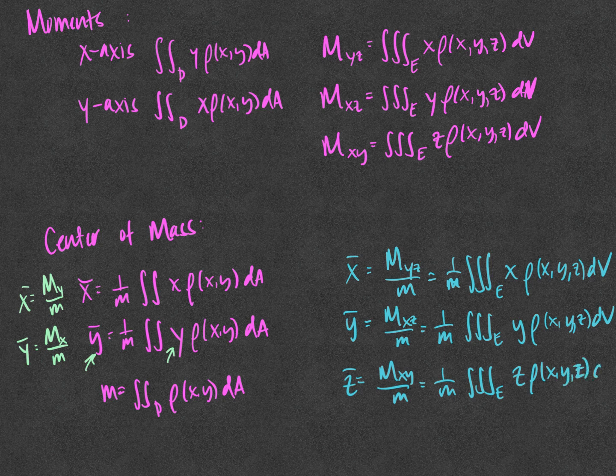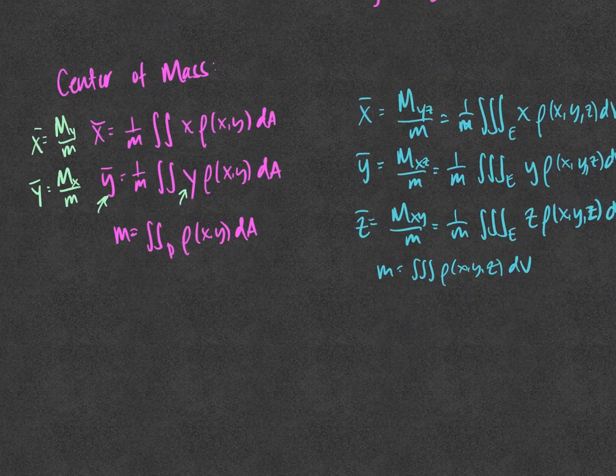And remember that m is equal to the triple integral of rho of xyz with respect to the volume. So the formulas are very similar, very parallel. Since we've done a lot of triple integrals already, as long as I help you set it up, you're good. We will look at an example, probably.